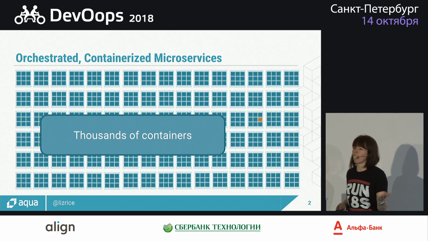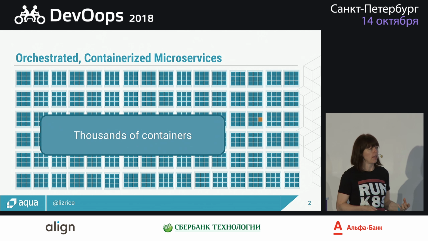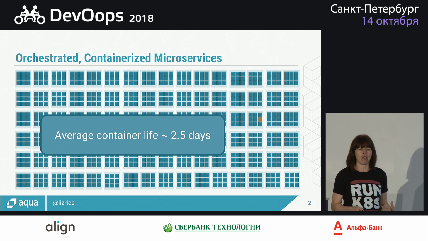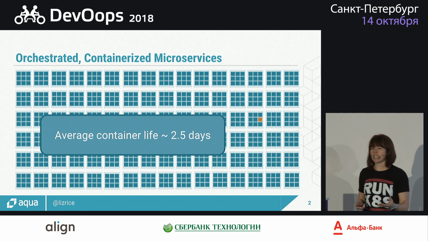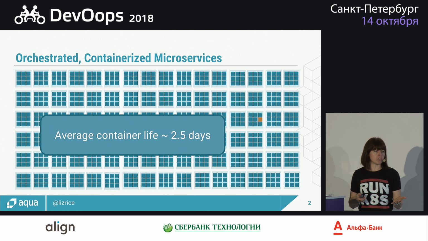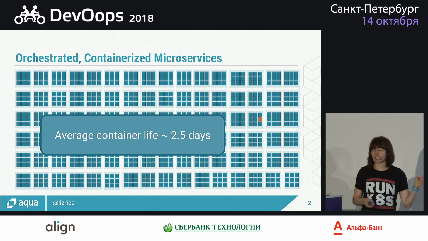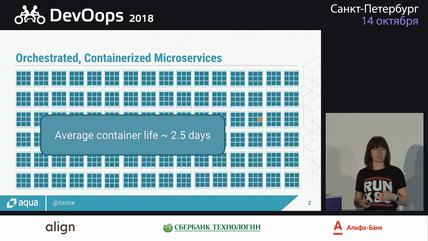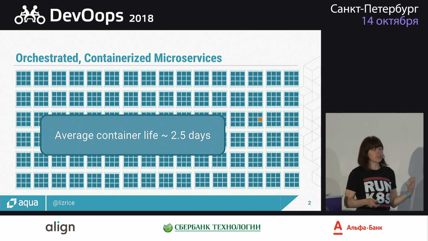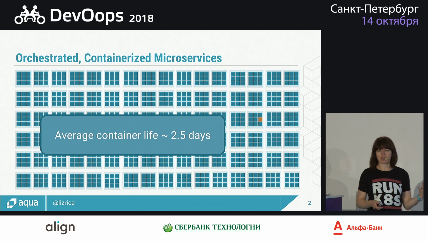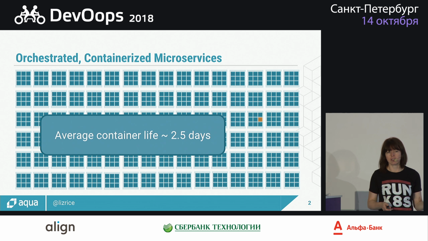We don't really know where that code's going to run. And it doesn't last very long. Traditionally, virtual machines would last on average 23 days. For containers, according to some research that Datadog did last year, the average container is only running in production for 2.5 days.